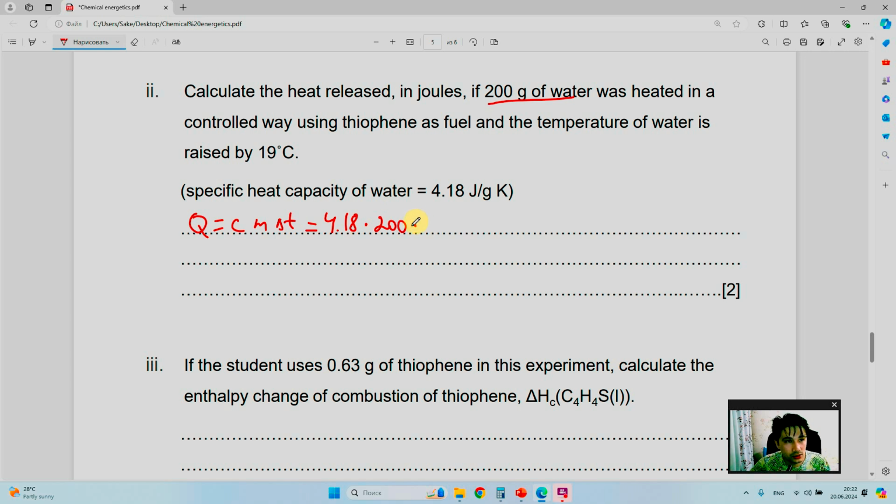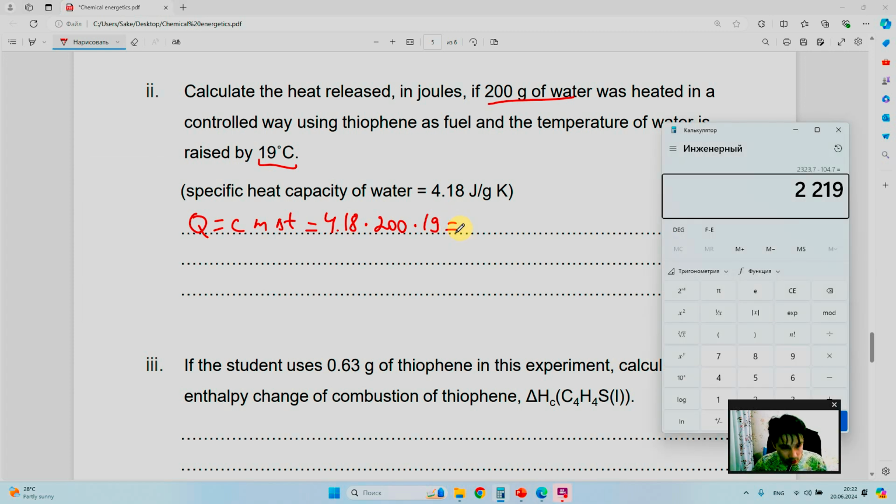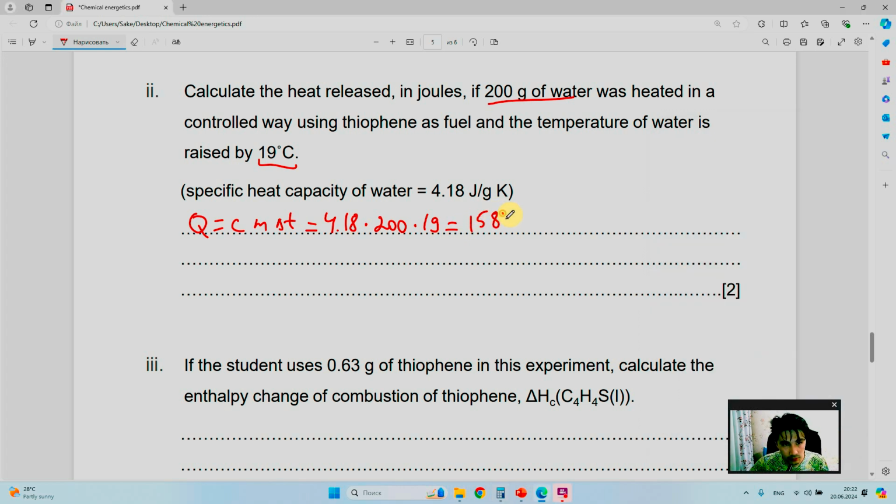Then we need to multiply it by a temperature difference, which is 19. So simply put all of it in your calculator. Joules. Yep. Yeah, it's already given in joules. So first mark probably for utilizing that formula, second for proper calculations with units.